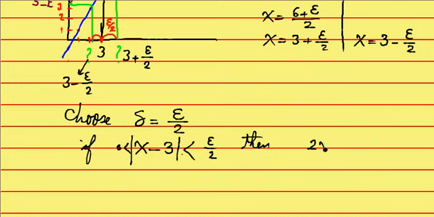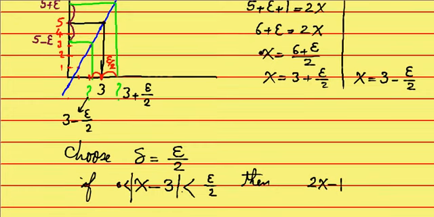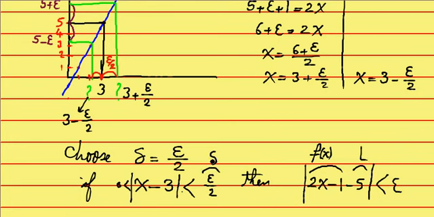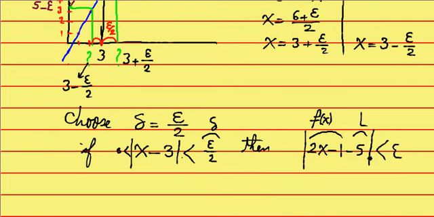Then 2x minus 1 is within epsilon of the target number 5. That is, the absolute value of 2x minus 1 minus 5 is less than epsilon. So this is playing the role of our f of x, this is playing the role of our L, the limit, and this is playing the role of our delta. Is this true? It's obviously the case.